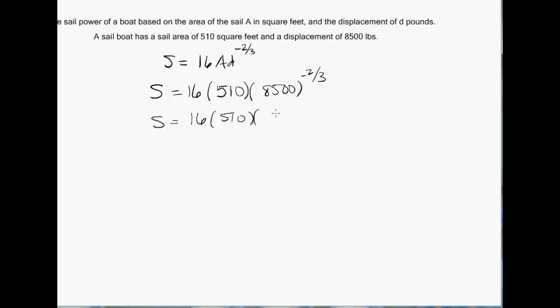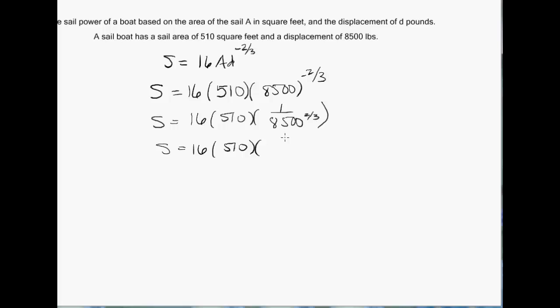So for example, 8,500 to the negative 2/3 power. We're going to get the reciprocal and then make it a positive power. Now we're going to rewrite all over here because we're not going to be dealing with this just yet. We're going to do that last. We're still dealing with our exponents here.